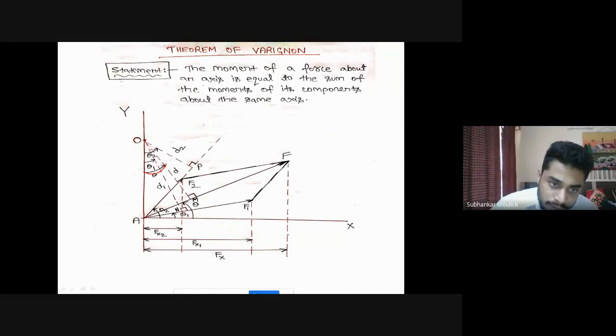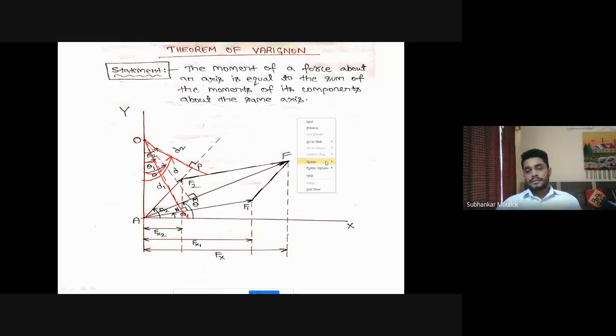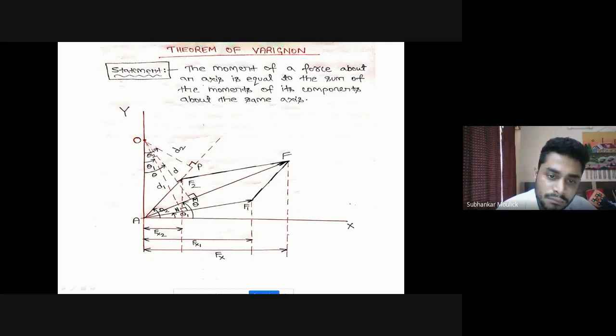For force F1, the angle made by its perpendicular distance from the y-axis is theta 1. For force F2, the angle made from the y-axis, this much angle, is theta 2. Is it clear? Any doubt? No, sir. Okay, so our diagram is completed.